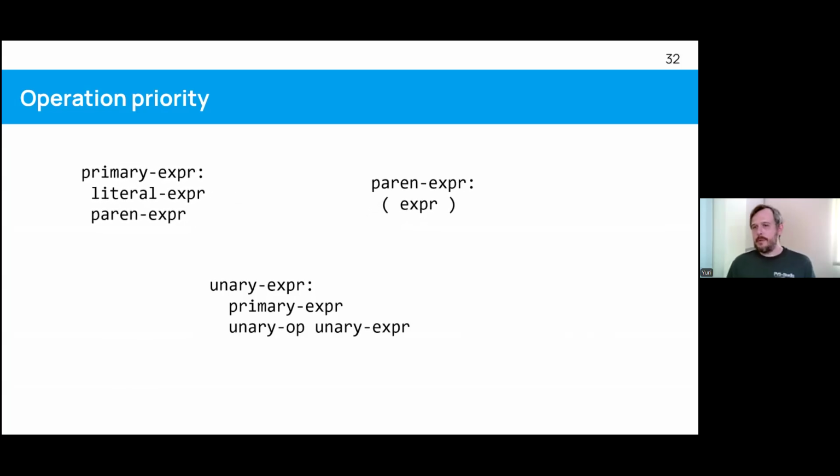Well, we have primary expression, which is a literal or paren. In parens expression, we have two parentheses and an expression inside. We will define what expression is momentarily. And we also can add a unary expression here. So we can say -2, right? Or +1.